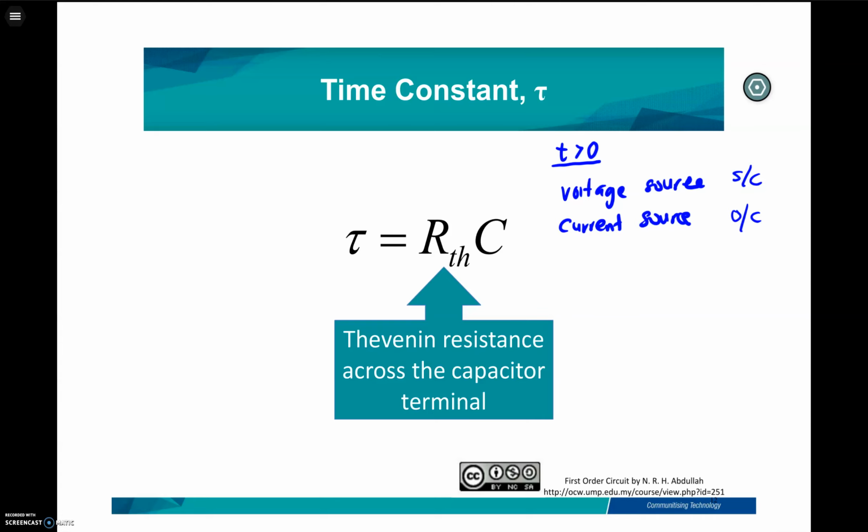Use the simplification techniques and find the R equivalent of the circuit, and then substitute that into the tau equation, which is tau is equal to R Thevenin times C. The R Thevenin, or you can call it the R equivalent, is the equivalent resistance across the capacitor terminal.